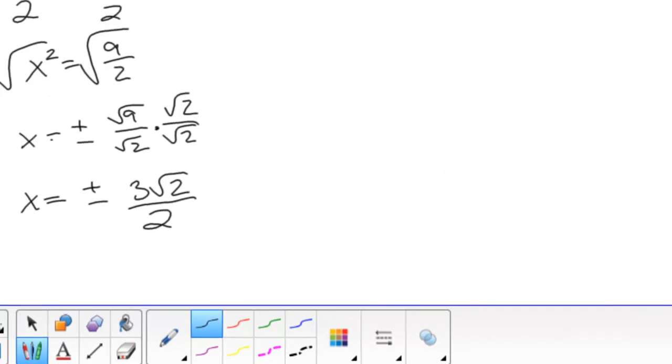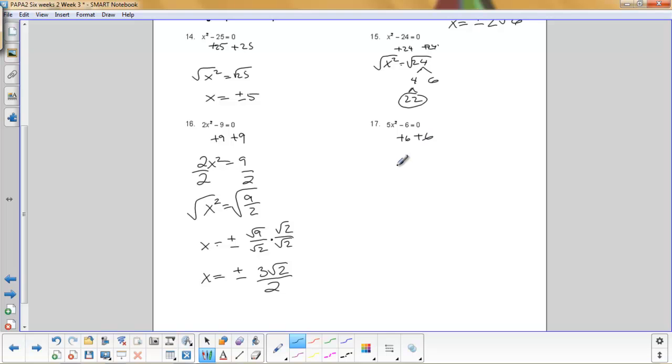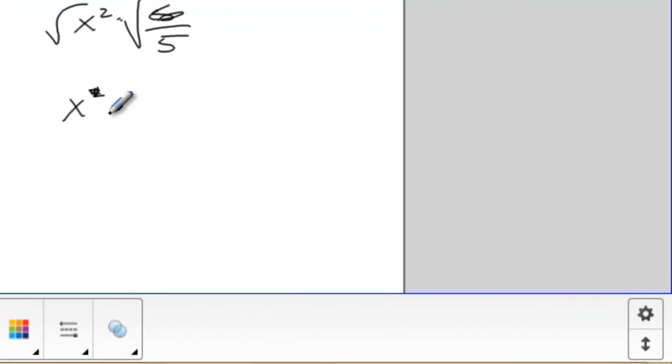Last and not least, add 6 to both sides. 5x squared equals 6, divide by 5, and I get x squared equals 6 over 5. Square root both sides. Remember, two solutions. X equals plus or minus the square root of 6 over 5.